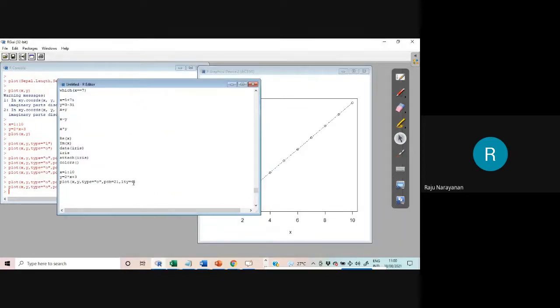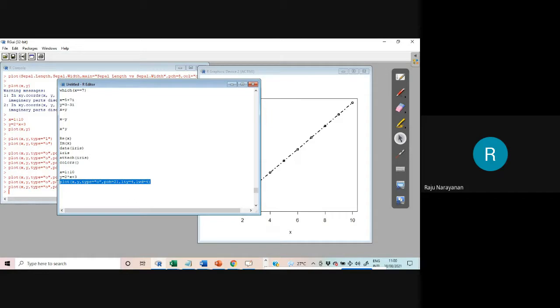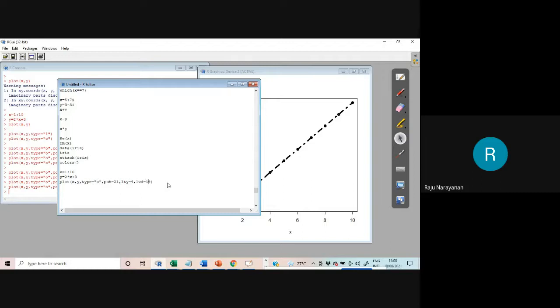If you want to increase lwd, line width, lwd equal to 2 means this thin line will become a little bit thicker. lwd 4 means it will be an ugly one, so don't do such things. lwd 1 is a little bit thin.